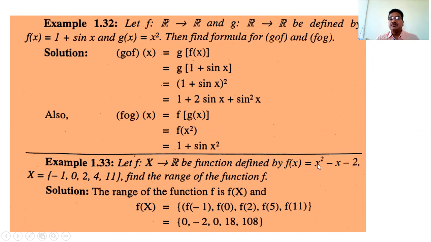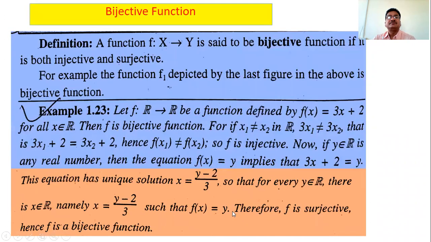Then f of 0: 0 square minus 0 minus 2, answer is -2. Then f of 2 is again 0, so no need to write 0 two times. Then the image of 5 is 18, and the image of 11, by substituting x equal to 11, we get 108. This is the range of the function, R(f), the set of all images.